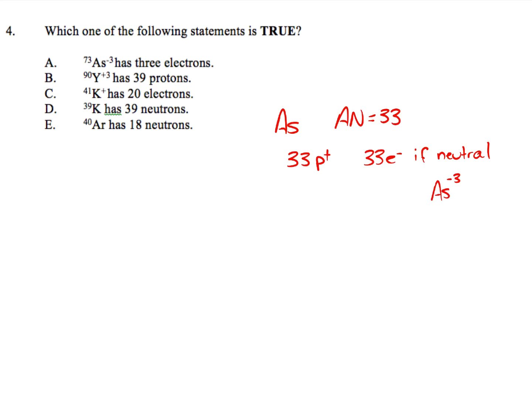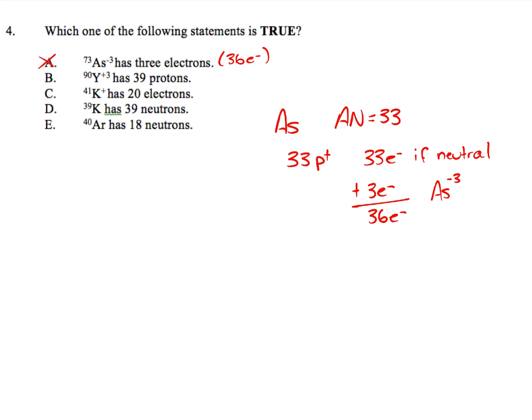One thing to keep in mind, you can never, ever change the proton count. It has to stay 33. So in order to get a negative 3 charge, I'm going to add 3 electrons. So in reality, As -3 has 36 electrons, not 3. So A is not true.